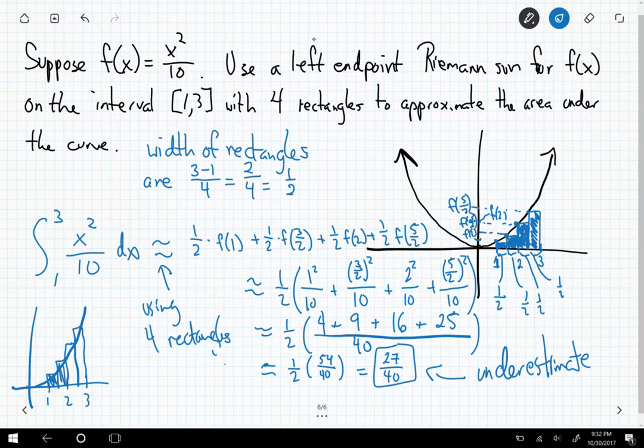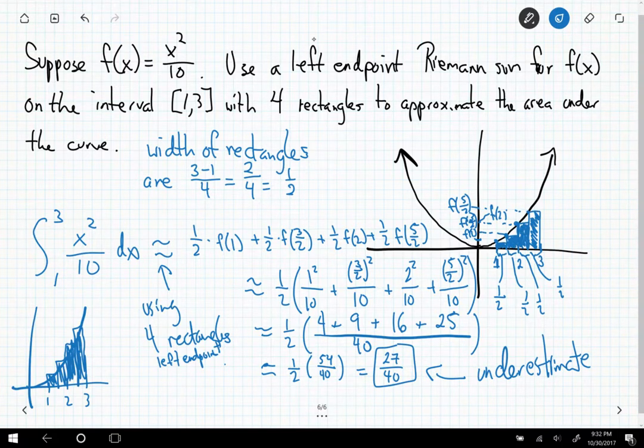So notice we're over on each one. So using 4 rectangles, this one was left endpoint. What would right endpoint look like?